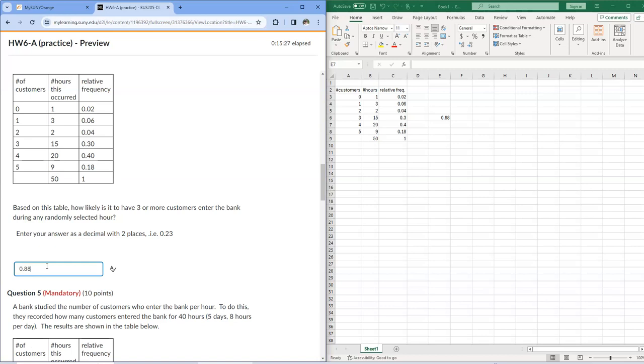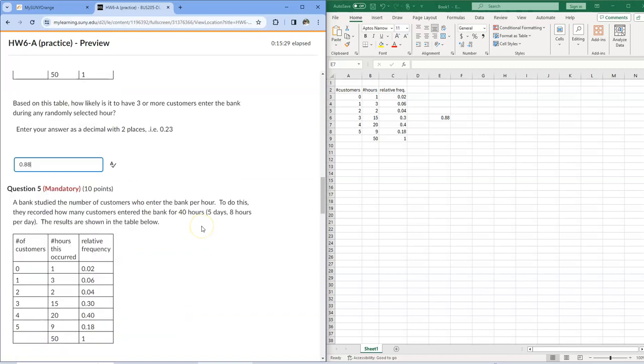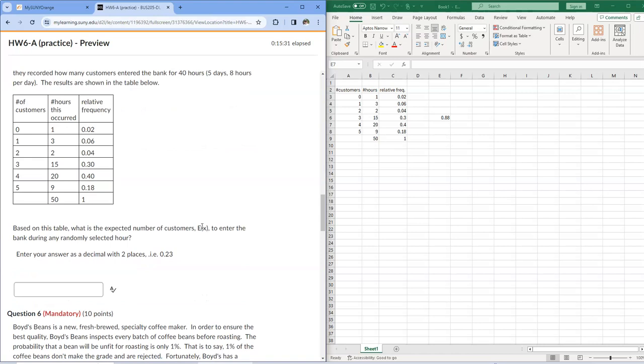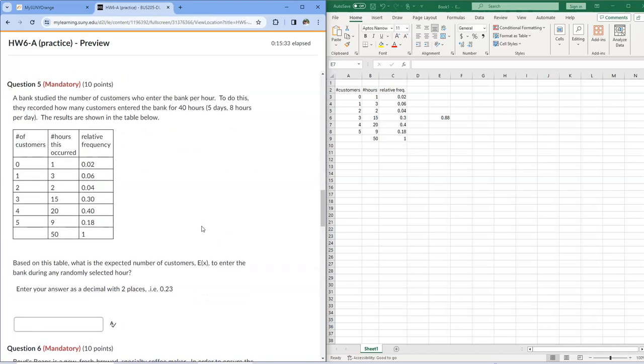Just adding them up. The next question is asking me for the expected value, which again, this is just a weighted average. So what I'm going to do here is make a new column on my spreadsheet. And I'm going to take the first column, which is the number of customers, times the probability, which is the third column. And I'm just going to do that all the way down.